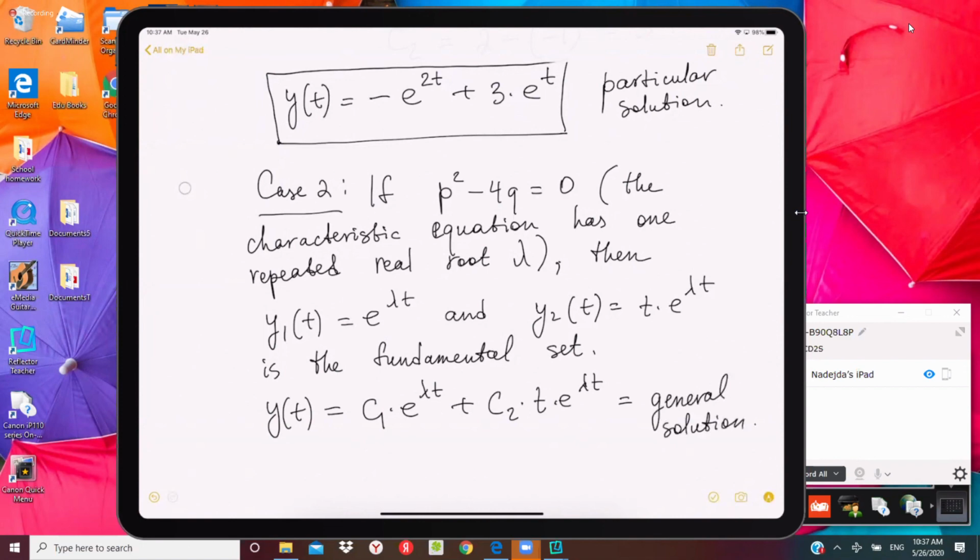All right, so let us try to use this now. Let's take a look at an example.